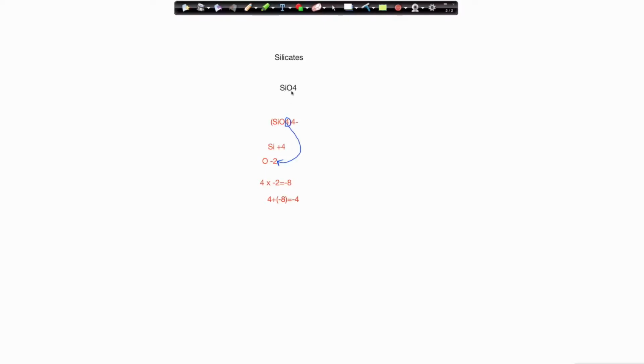So remember, the SiO4 is actually covalently bonded. So this is very strong because it's covalently bonded together. The fact that the SiO4 has a charge allows it to ionically bond with other elements.